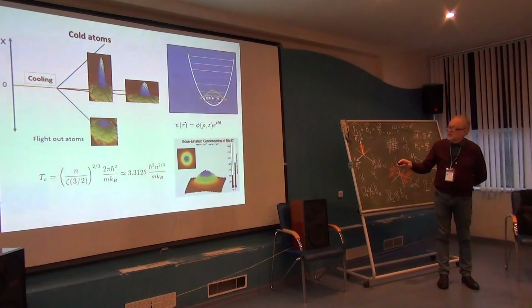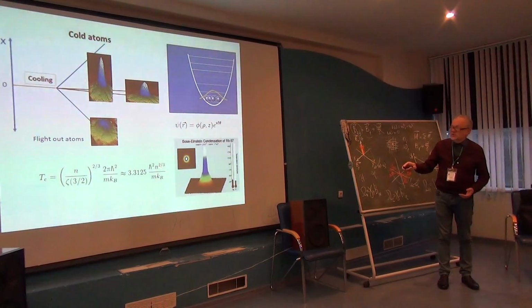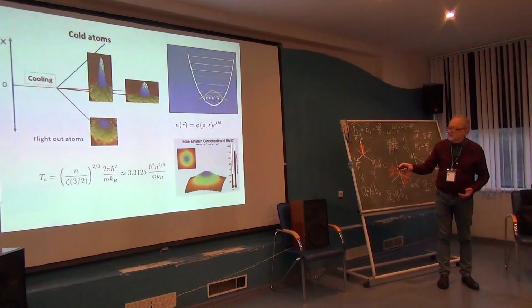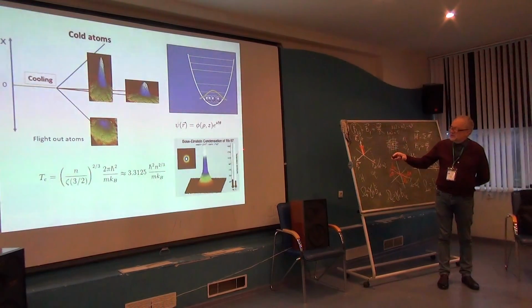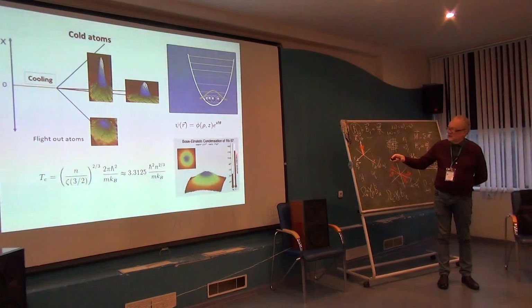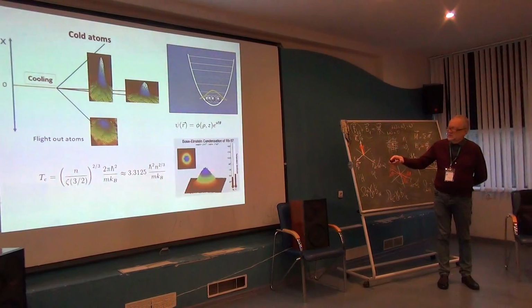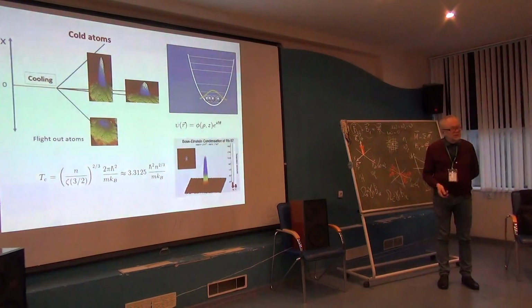You see, as you cool down, the number of atoms decreases and Tc decreases. So that is the left scale, and the right scale is the temperature of this cloud of atoms. If the temperature is above this Tc, we have just clouds of atoms, and below it we have the Bose condensed state.